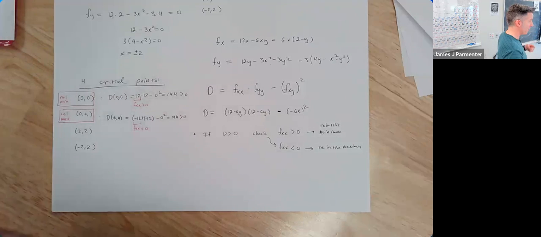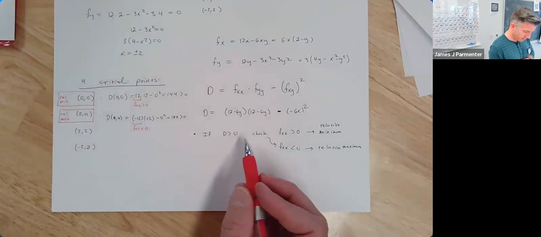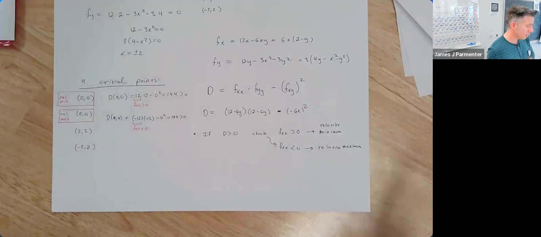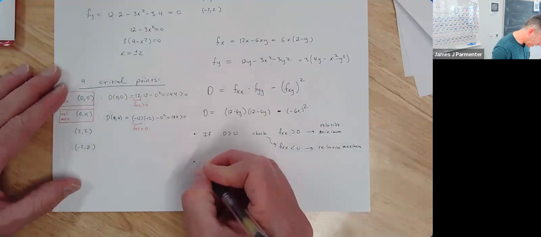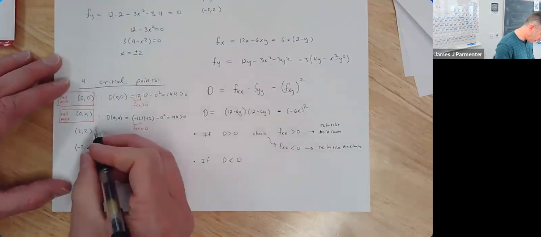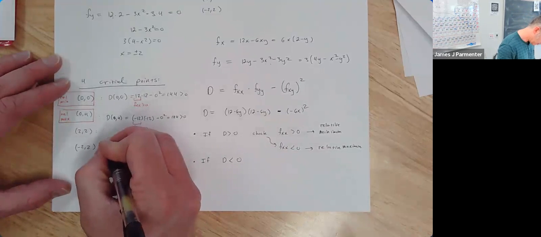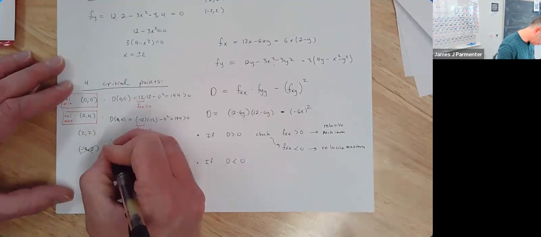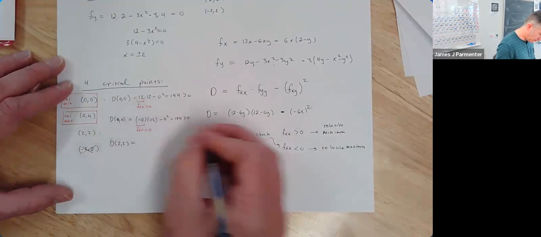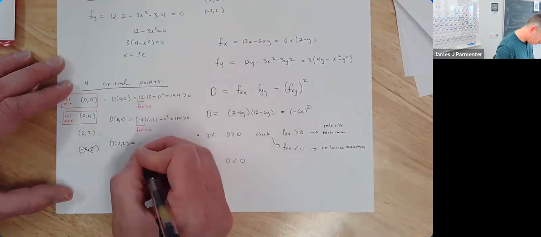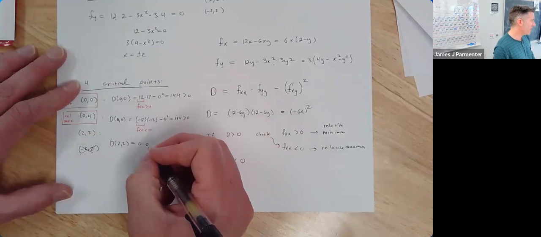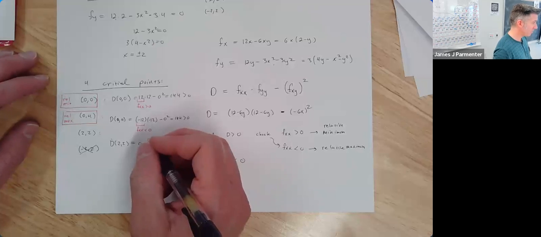So I'm going to back it up a little bit. If D is positive, you either have a relative maximum or a relative minimum. If D is negative, in fact, let's see the next one here. If we plug in 2, 2, I'm going to move this one down a little bit. So the D of 2, 2 is going to be 12 minus 12, which is 0, times 12 minus 12, which is 0. If both fxx and fyy are 0, it probably means it's not going to be a max or min.